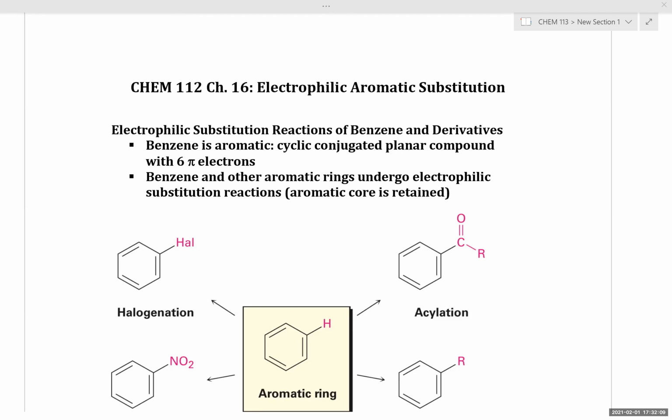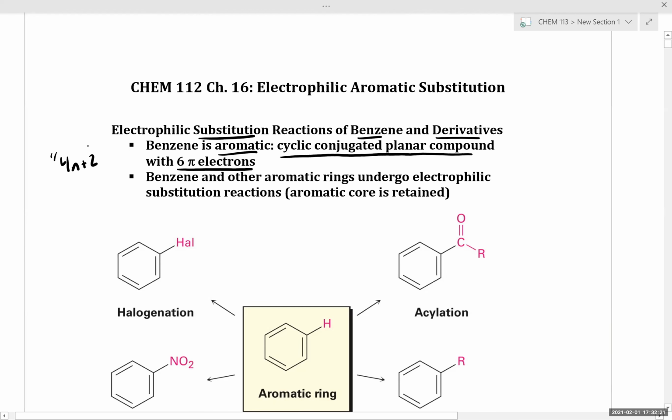Okay. So electrophilic substitution reactions of benzene and their derivatives. Benzene is aromatic. It's a cyclic conjugated planar compound with 6 pi electrons, or more generally 4n plus 2 pi electrons. Benzene and other aromatic rings undergo electrophilic substitution reactions rather than addition.